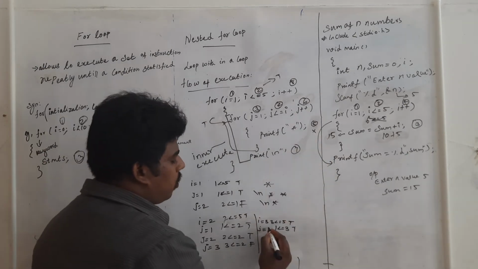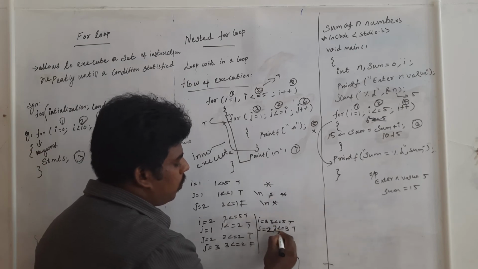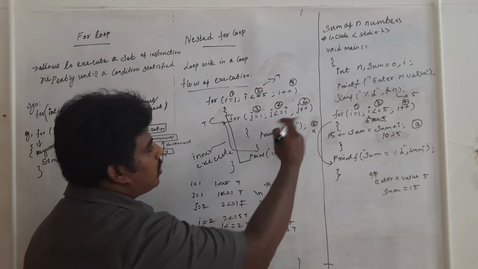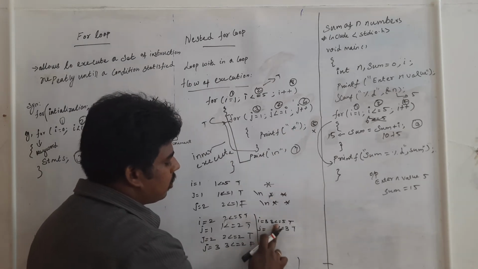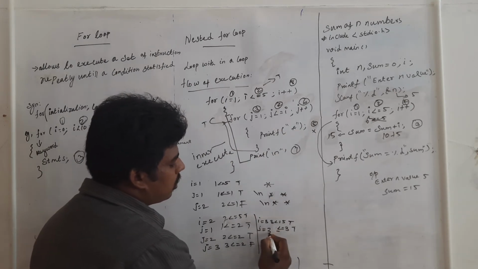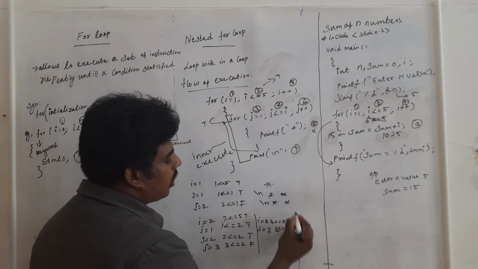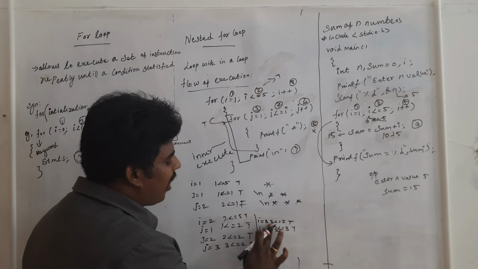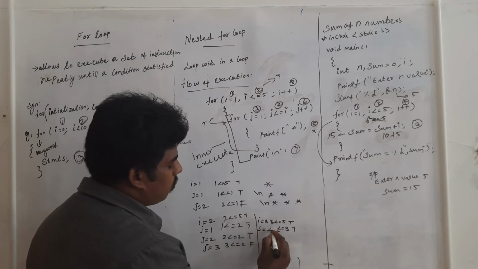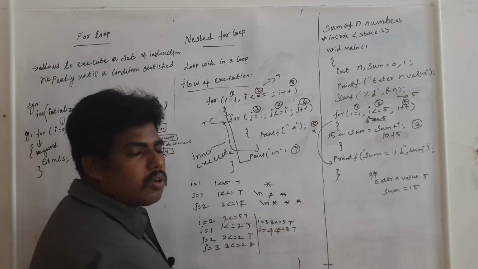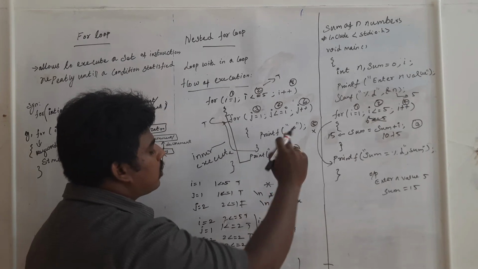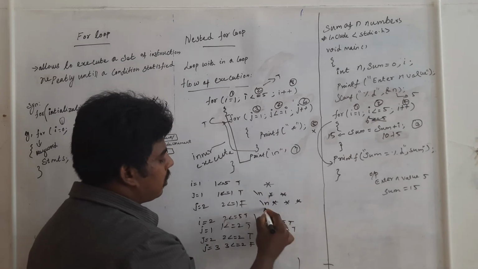Now j equal to 2, 2 less than equal to 3, again condition true, 1 more star. Now j value is 3, 3 less than equal to 3, condition true, so 1 more star. Now j value equal to 4, 4 less than equal to 3, condition false. Condition false means the star won't be printed, and this line prints slash n.